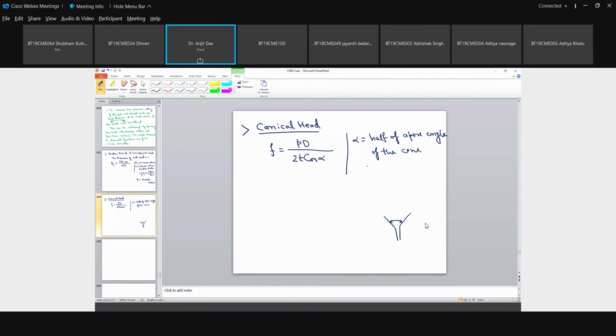And the thickness for the conical head, t equal to PD by 2fJ cos alpha. So this is the thickness.